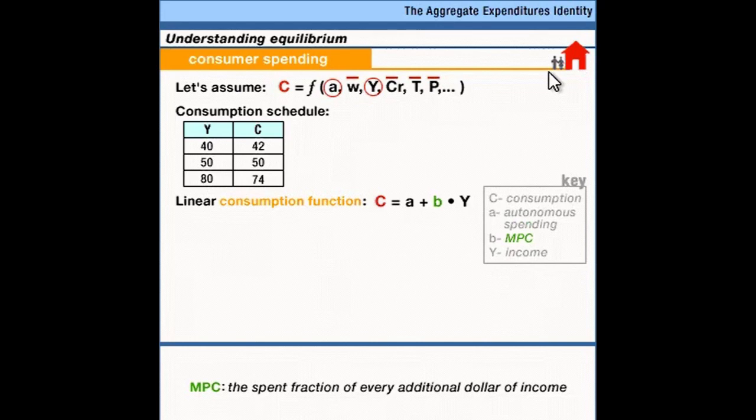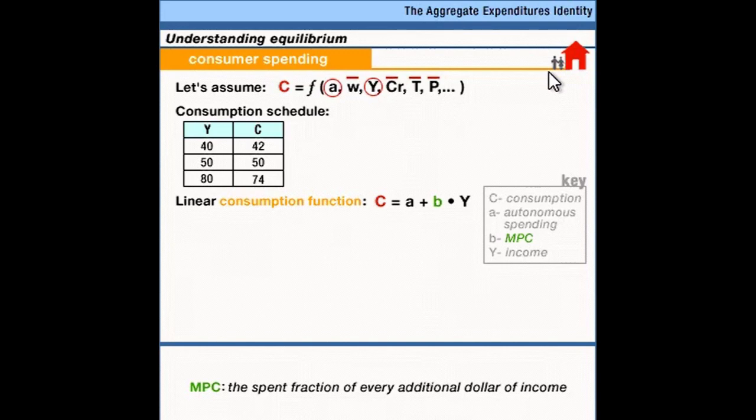Now let's draw a graph of this function, but if we're going to draw a graph, we need to plug in some real numbers to make it a bit more concrete. Suppose I take an algebraic formula that generates the numbers that we just looked at in the previous table. Let's suppose that the autonomous spending is 10. That is, no matter what your income is, you're going to spend at least $10 on food, clothing, and shelter.